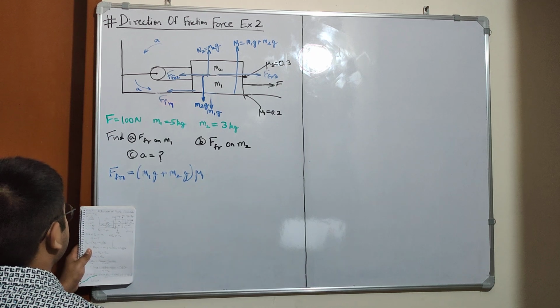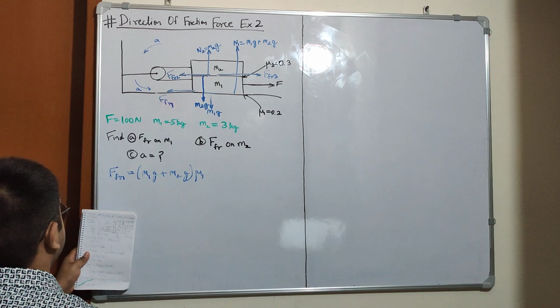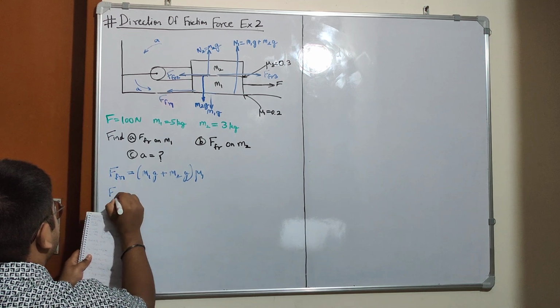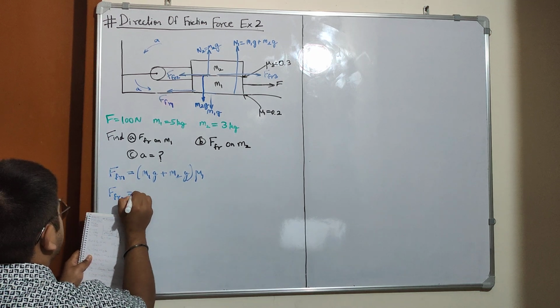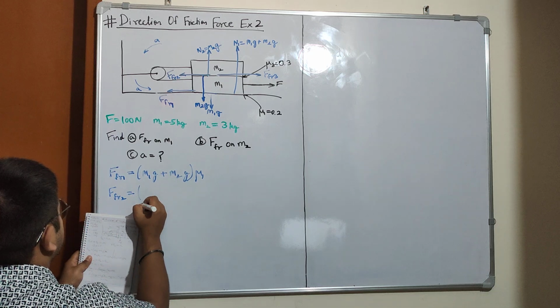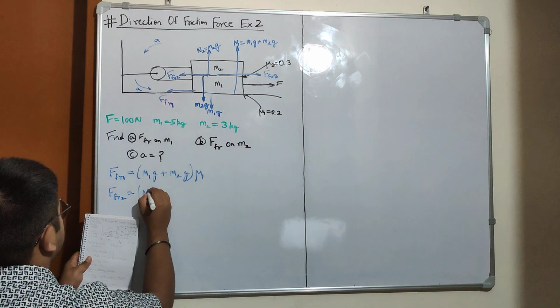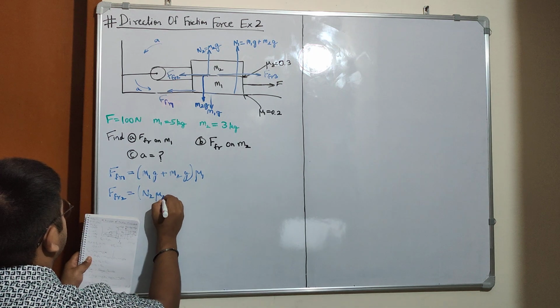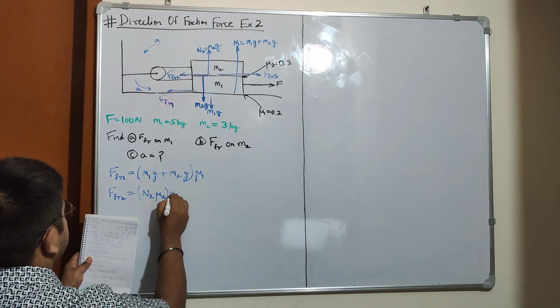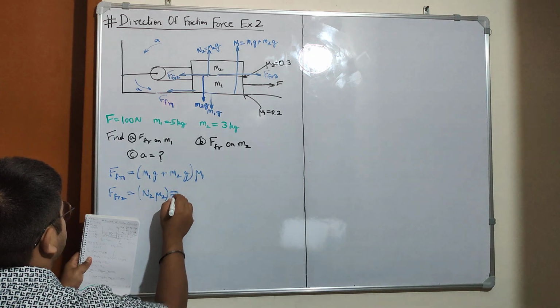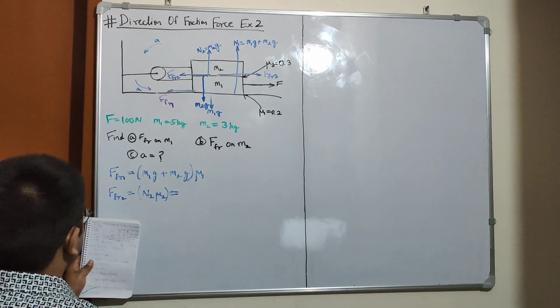This is frictional force 1. So what is FFR2? FFR2 will be equal to N2 μ2, which equals m2g μ2.